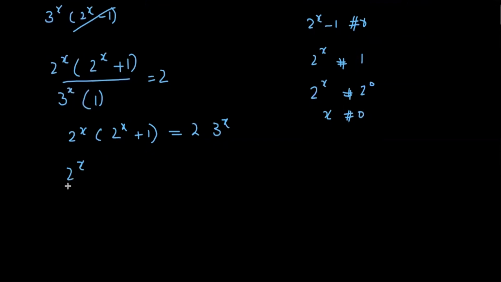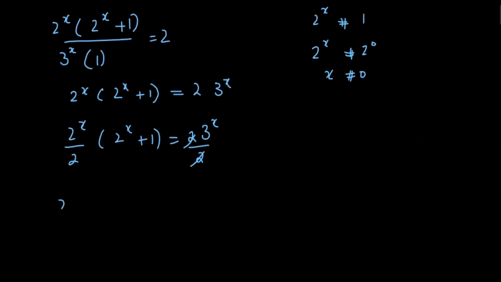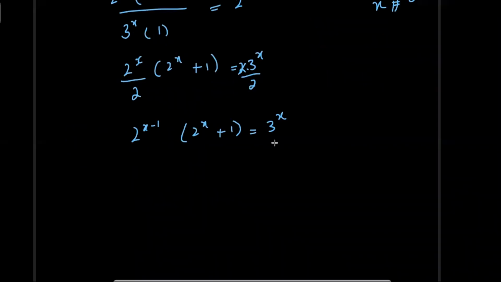You get 2 power x over 2, and 2 power x plus 1 as it is, equal to 3 power x over 2. Now the 2 will be cancelled. You can see here 2 power x minus 1 into 2 power x plus 1 equal to 3 power x. Now this is the equation we get.